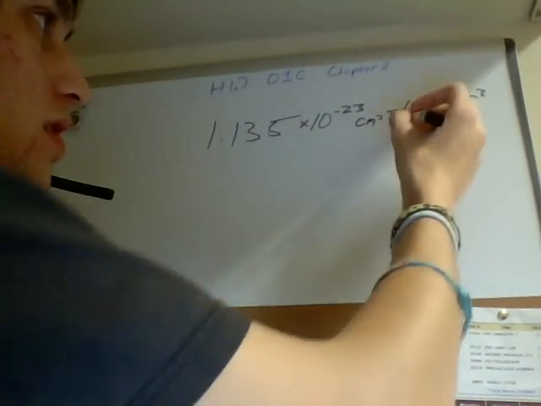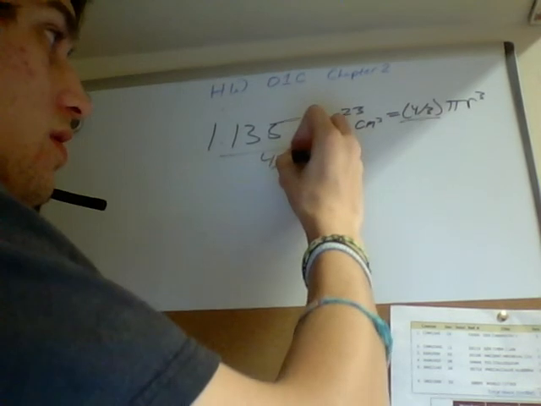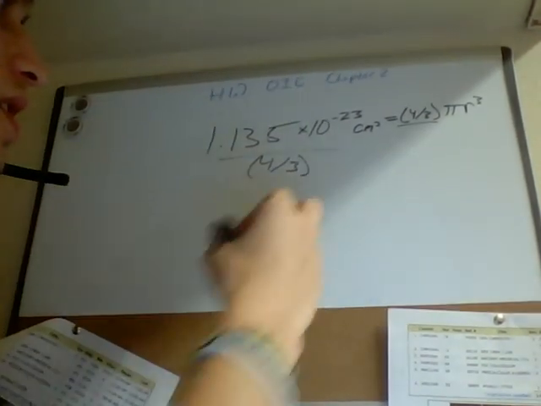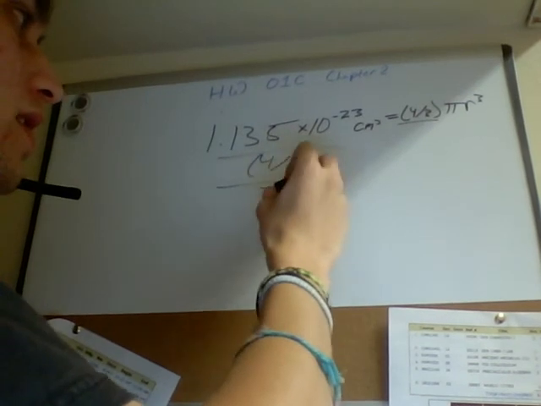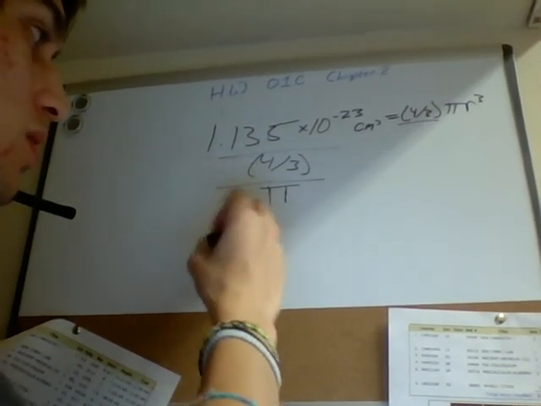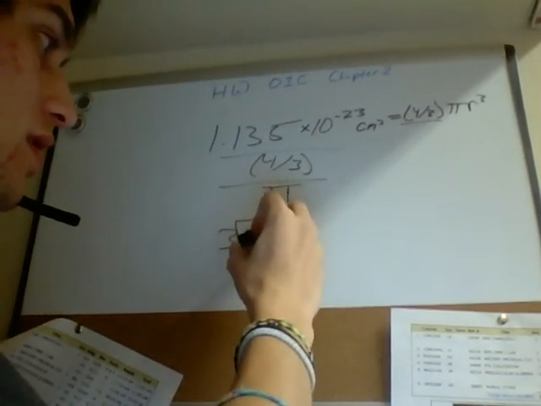So you just divide it by 4/3. Make sure you use parentheses in the calculator or else it'll probably mess up. And then after that, you divide it by pi. And then whatever number you get there, you take the cube root of the answer.